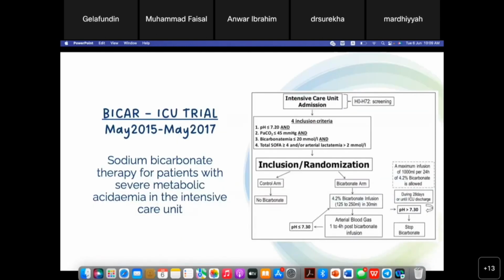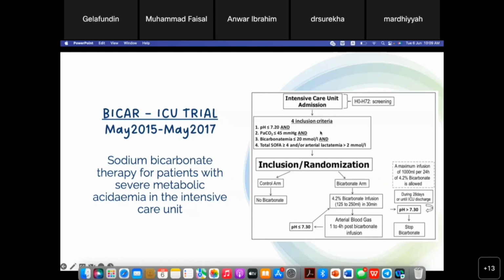Okay, so basically the trial that we have looking at bicarb usage is the BICAR-ICU trial from May 2015 to May 2017. Basically, it studied sodium bicarb therapy for patients with severe metabolic acidemia in the ICU. There were inclusion criteria which include severe metabolic acidosis, pH 7.2 or less, PCO2 45 or less, bicarb 20 or less.